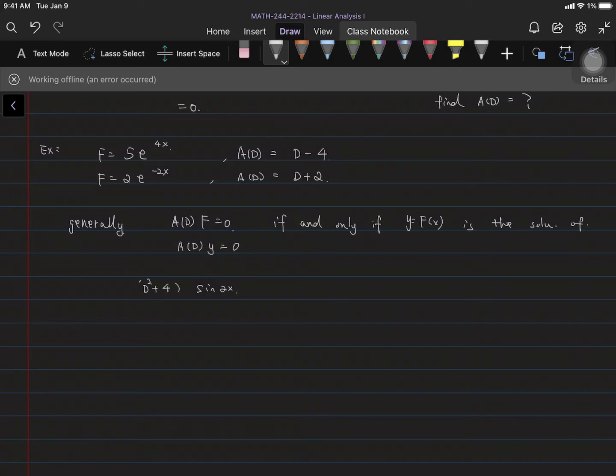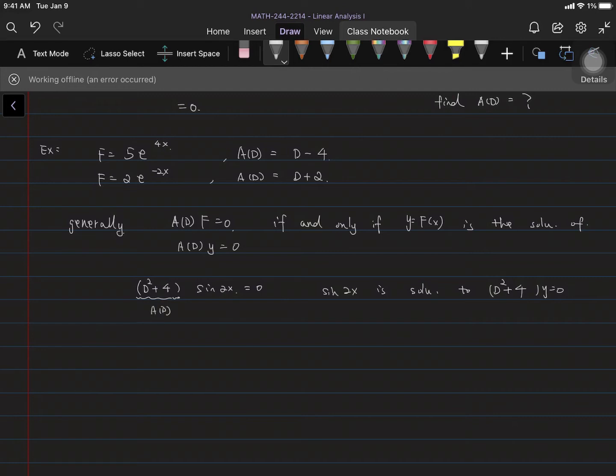Is that correct? Because the solution will be r equals plus minus 2i. So you can see sine 2x actually is a solution to D squared plus 4, right? y equals 0. So how to find A(D)? You just see f is whose solution. So this is our A(D).